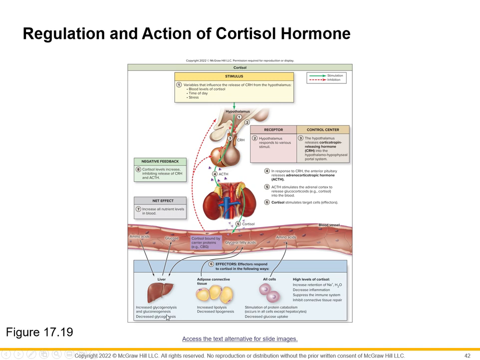So increased glycogenolysis, decreased glycogenesis, increased lipolysis, stimulation of protein catabolism, so breaking down proteins to be used for maybe cellular respiration, to be used for making energy, right? And then high levels of cortisol we can see are helping to retain sodium and water, decrease inflammation, suppress the immune system, and inhibit connective tissue repair.